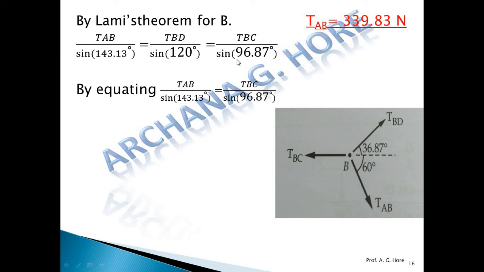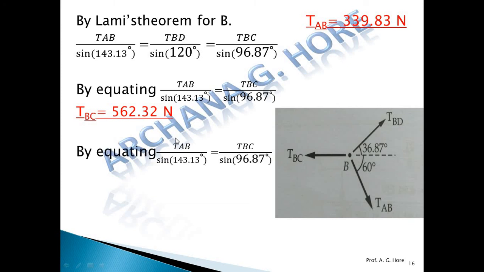Likewise for BC, by cross multiplication, simplify, and equating the remaining two, we find the tension BC.